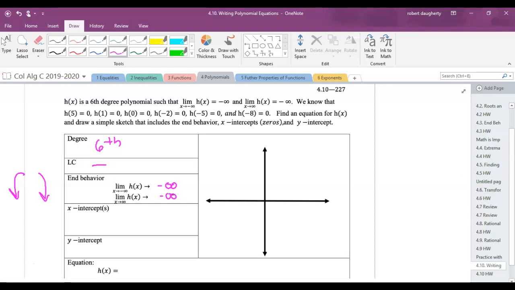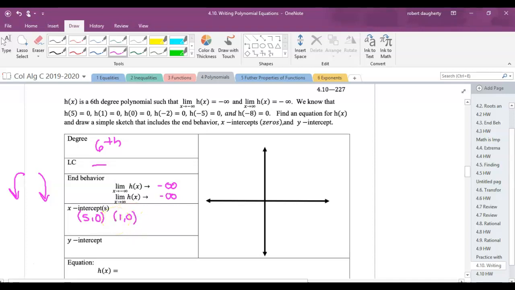Now, what does this mean? H of 5 is equal to 0. Yeah, what's x? 5. What's y? 0. So it tells me that this thing goes through the point. You plug in a 5, you're going to get a 0. You plug in a 1, you're going to get a 0.